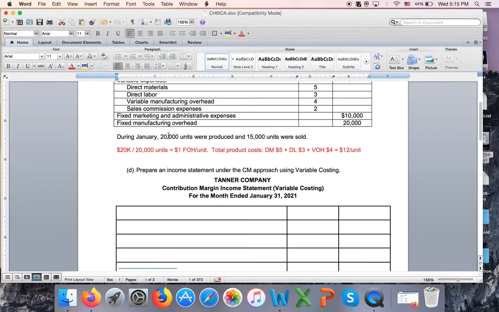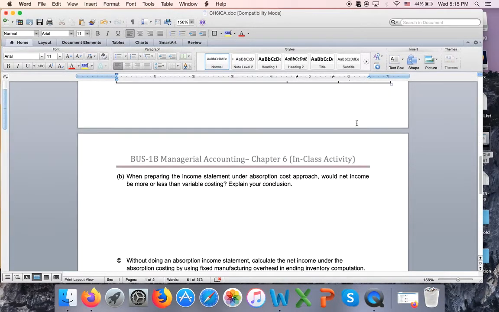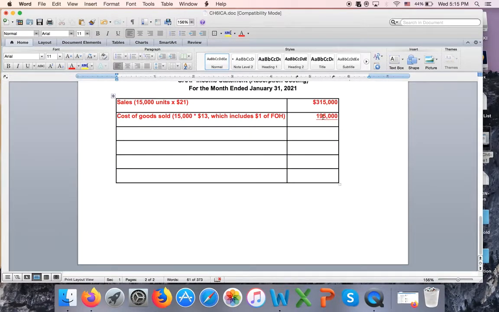For the 5,000 units I produced and did not sell, I will put $5,000 of this fixed overhead in the inventory. It will remain on the balance sheet. So this cost of goods sold excludes 5,000 of fixed overhead for the items we did not sell.